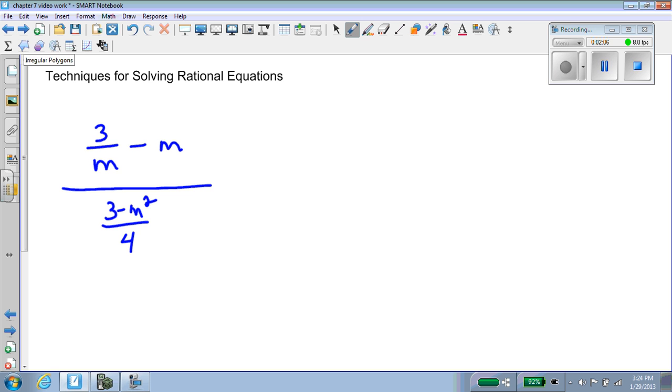Alrighty. Here I have a binomial numerator. And actually, what I have are two fractions. Think about this as m over 1. Here I have one fraction, so that's all right. But what I've created here is the need to subtract first before I can visualize this as division.